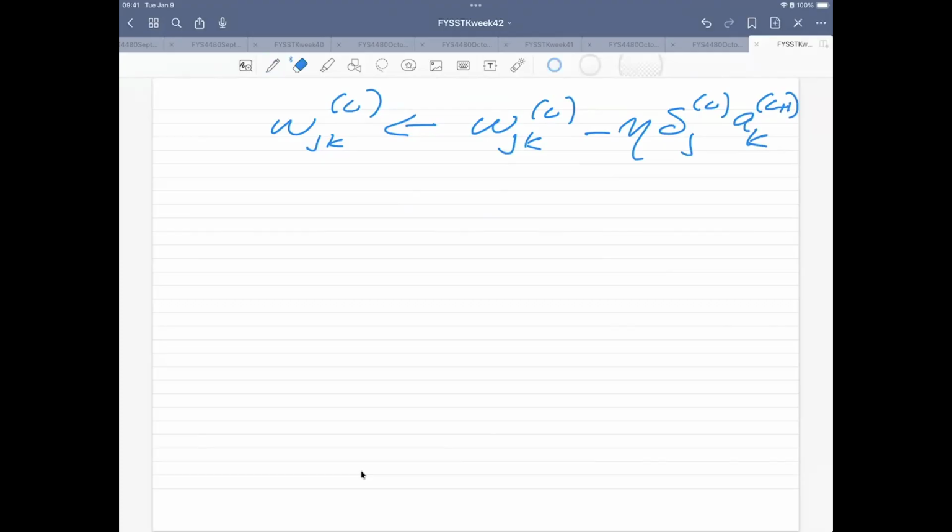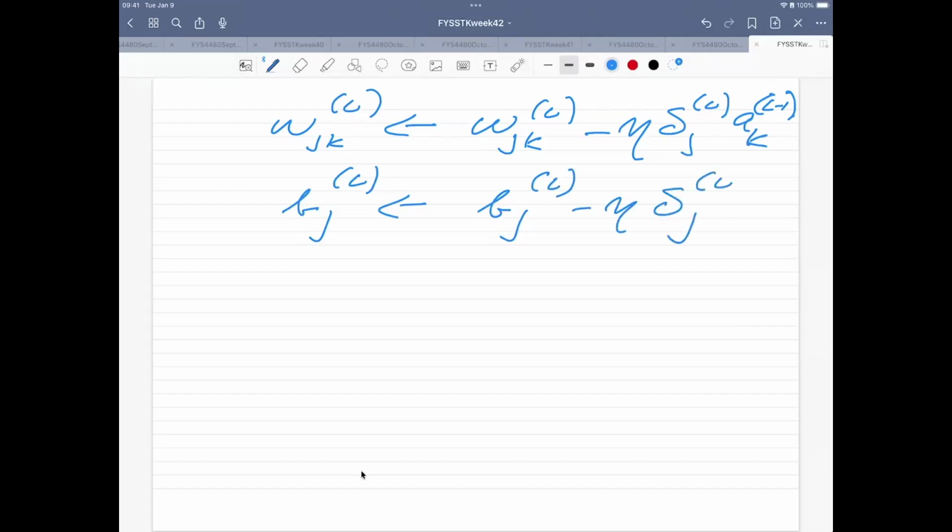So this is not a plus, it's actually a minus. And then I have a similar one for the b's, which are being updated by b_j of L minus eta times delta_j of L. And I have these expressions.